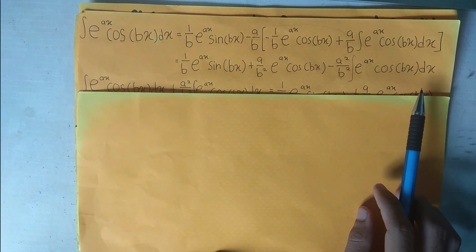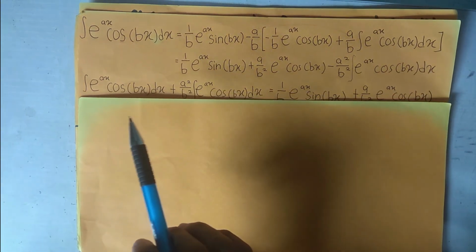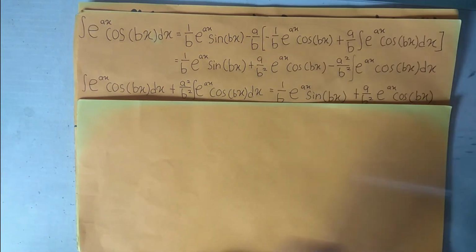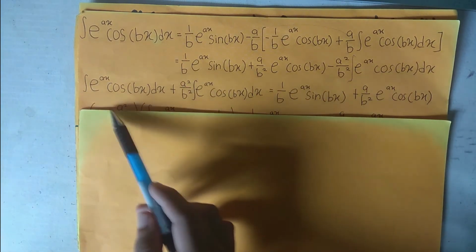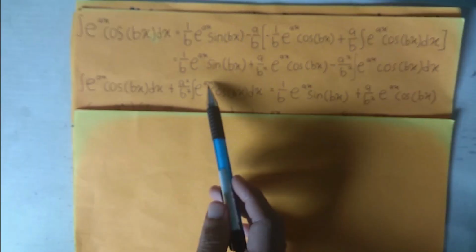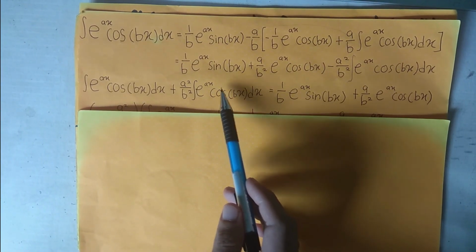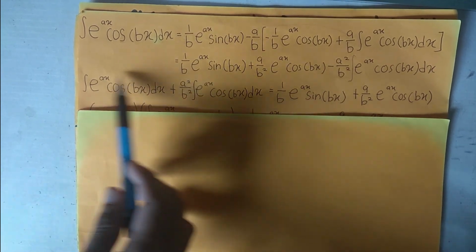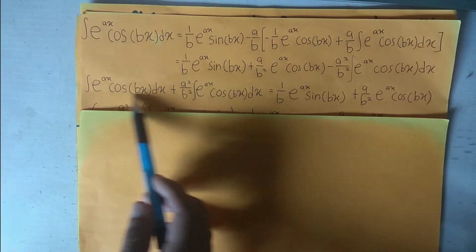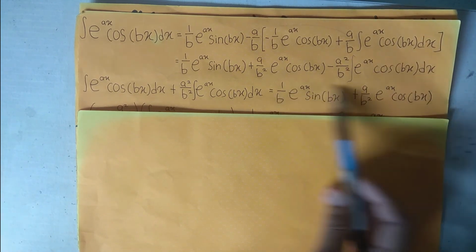We took all the integrals to the left hand side and the other terms to the right hand side, and we get this. We simplify the integral, and we have to take out the integral as a common factor.